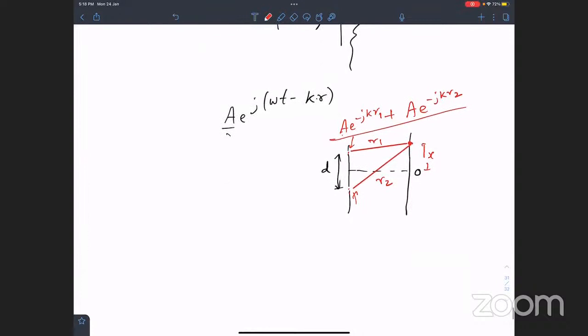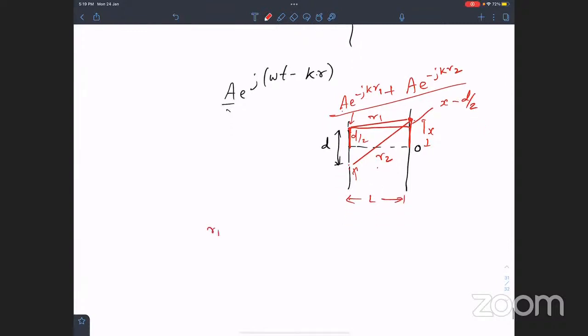So what are R1 and R2? To calculate R1, this distance is d by 2, and this distance is x. We'll draw this triangle. So this particular distance is x minus d by 2, and this is the length L, the distance between the screen and the holes.